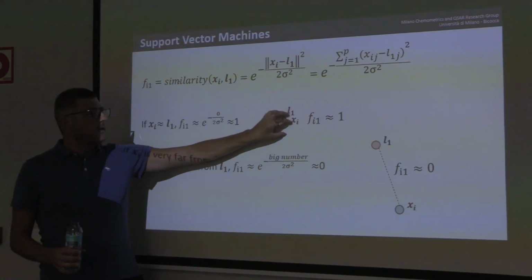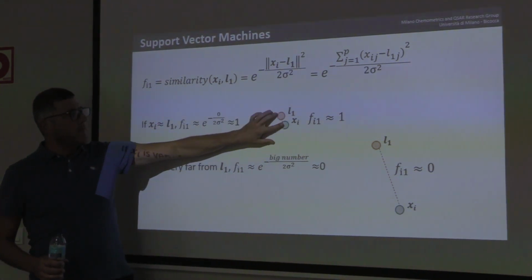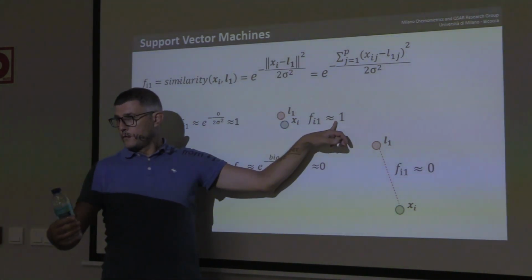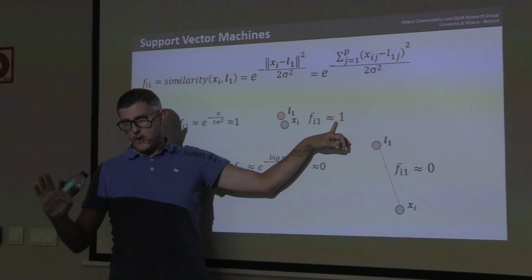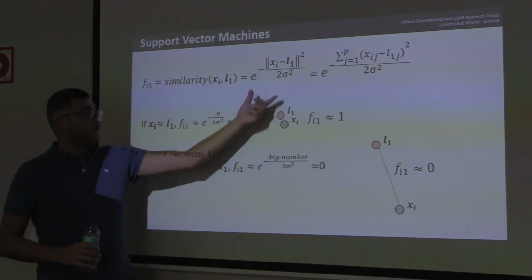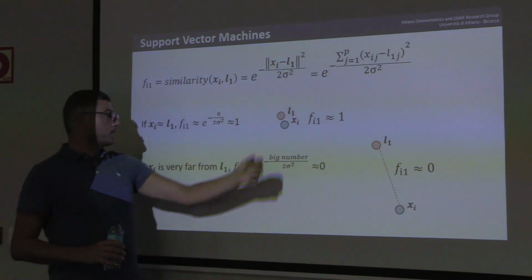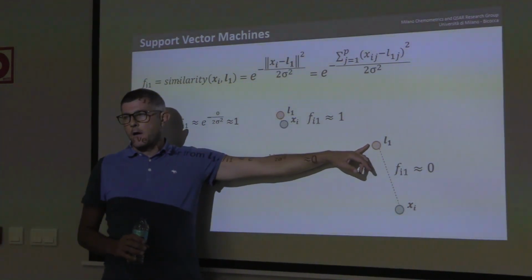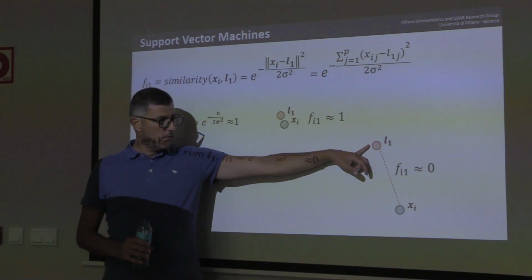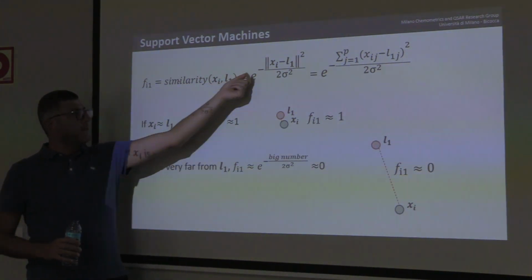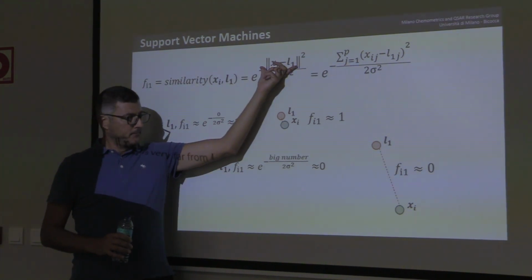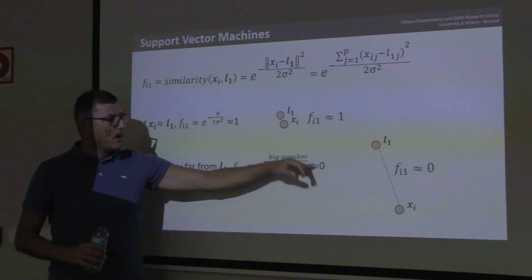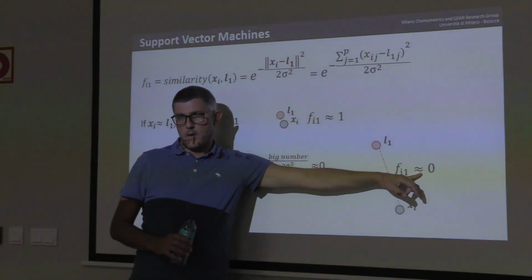If a sample and the landmark are very close, the similarity is close to 1, because this term is low. If the sample is far from the landmark, then this distance is high, and so this term, the Gaussian kernel, will be low and go to 0.